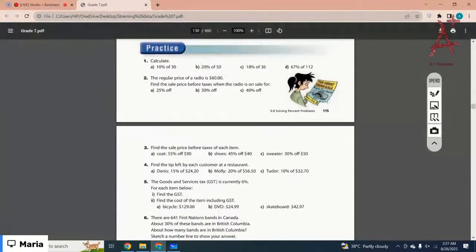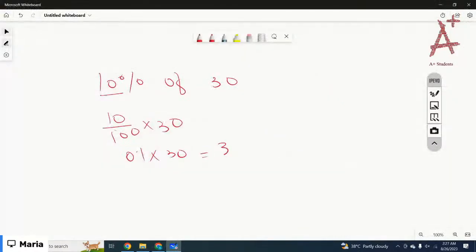The next one is 20% of 50. That means you have to do 20 over 100 times 50, right?